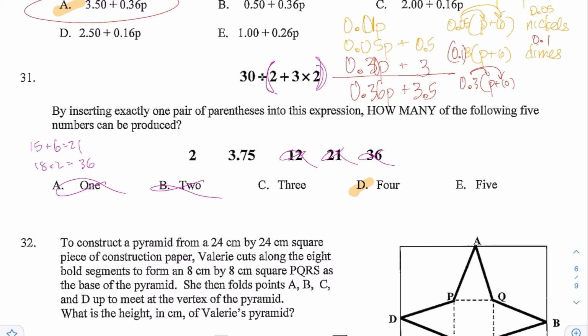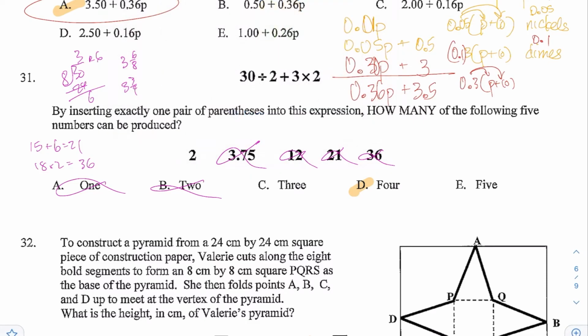So you would do 3 times 2 first inside the parentheses. So that's 6 plus 2 is 8. You'll have 30 divided by 8, and that's going to be 3 remainder 6, or 3 and 6/8, or 3 and 3/4. So that's 0.75. So that's 3.75. So you cross that out.